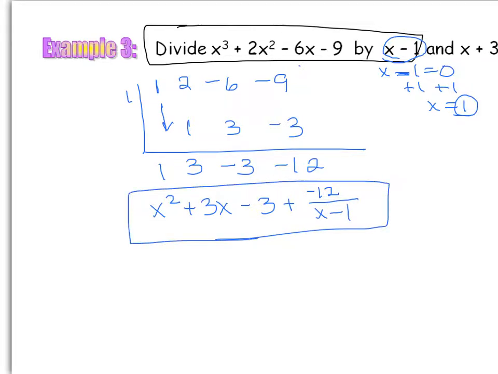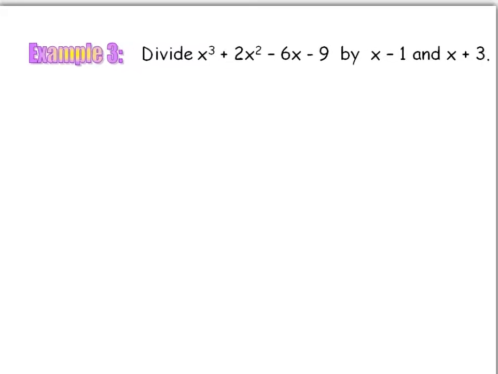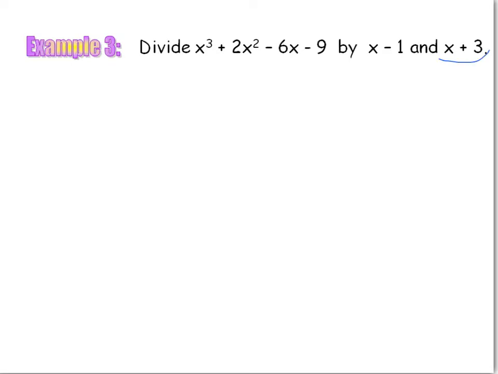So let's do the other example. Now we're going to do x plus 3. So again, you take the binomial, you set it equal to 0, and you solve for x. It's always the opposite of what's in there. So we have negative 3.